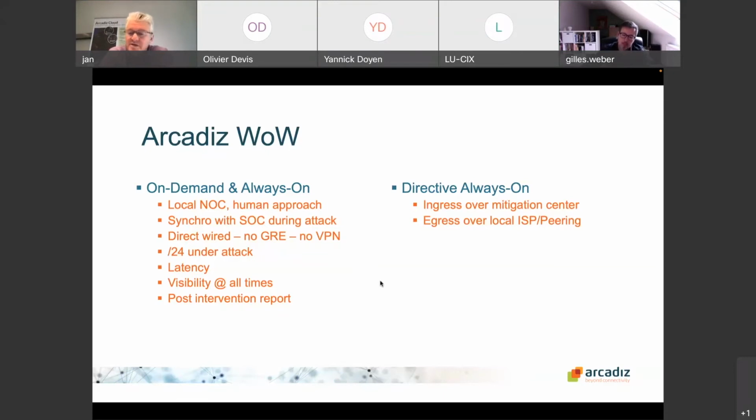Since we are a tailor-made kind of company, we also offer directive always-on solutions, which means that the ingress, and for certain applications it can be interesting, the ingress will go over the mitigation center, but the egress will go over the local ISP or the local peering partner, which makes sure that your latency improves.